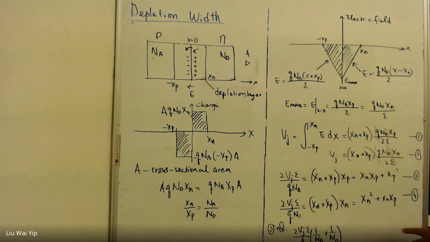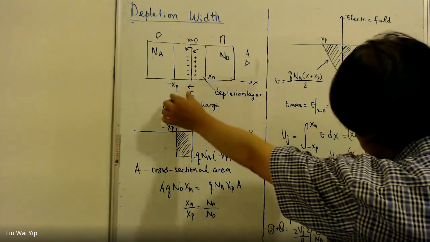But the right side of the equation, if we add them together, we will have xn plus xp squared. And xn plus xp is just the thickness of the depletion layer.